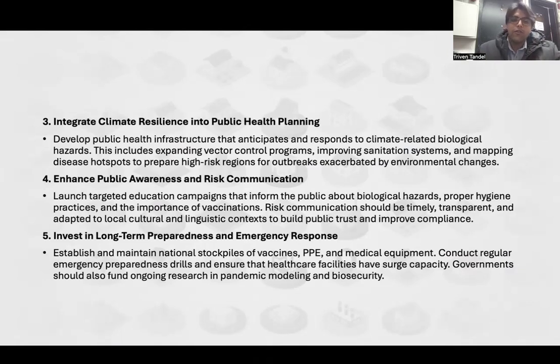Governments should also fund ongoing research in pandemic modeling and biosecurity, and they could hire knowledgeable biological experts, the doctors and the medical sectors. Those people help to build good communication with people, and they could also research the places and hazards, so they can prevent biological hazards before they spread.